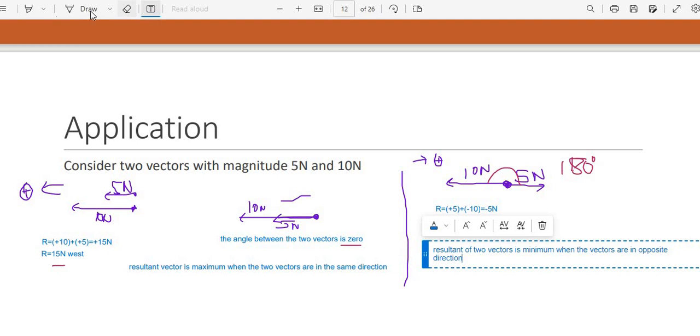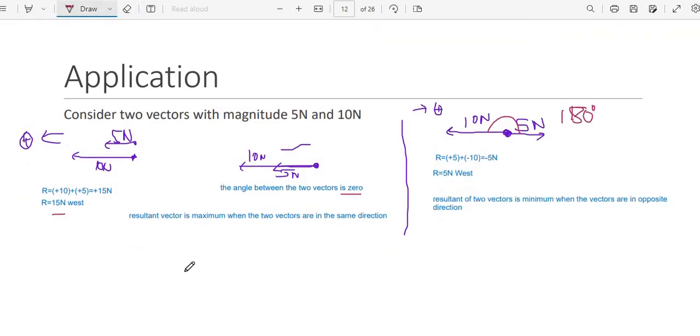So let us take a quick example. Let us take two vectors. Let us say we have a 2 Newton vector and, I'm not drawing this using the tail to head method, by the way, a 6 Newton vector. So these vectors are forces.